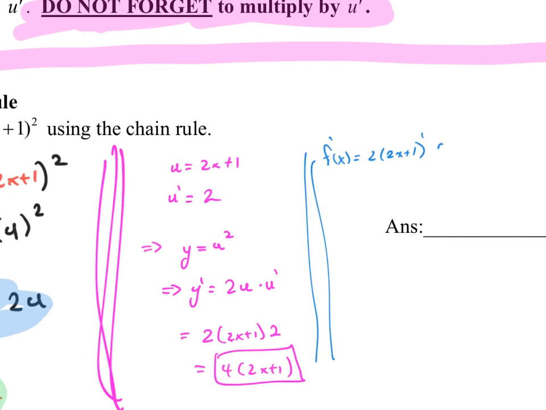So I'm going to write it like this, 2x plus 1, and then I'm going to put a prime there. So this is how I like indicating the chain rule. I take the derivative just like it was before, keeping the inside the same, but then I have to multiply it times the derivative of the inside. Well, the derivative of the inside is just 2, so at this point, 2 times 2 is 4, times 2x plus 1, and I would have been done.